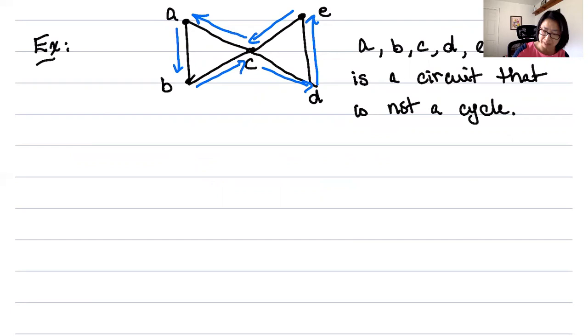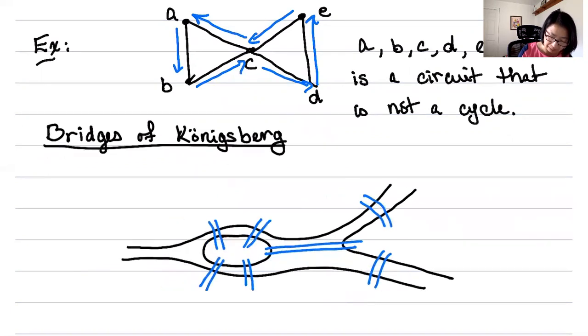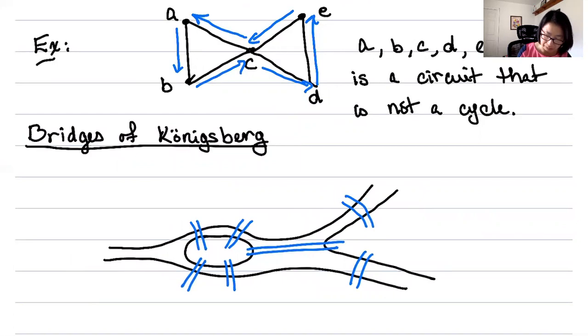There was a famous mathematician named Leonhard Euler who lived in a city named Konigsberg that was in Prussia at the time. I drew this picture already, so I'm going to paste it in. There were rivers in Konigsberg, and there were 7 bridges.